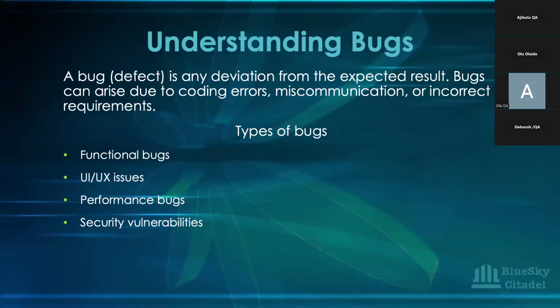Then we can have UI/UX issues. UI means user interface, UX means user experience, and they go side by side. Your user interface issue can be that they are meant to use blue and they are using purple, even if they look kind of similar, or maybe white and gray. That's the very close example.